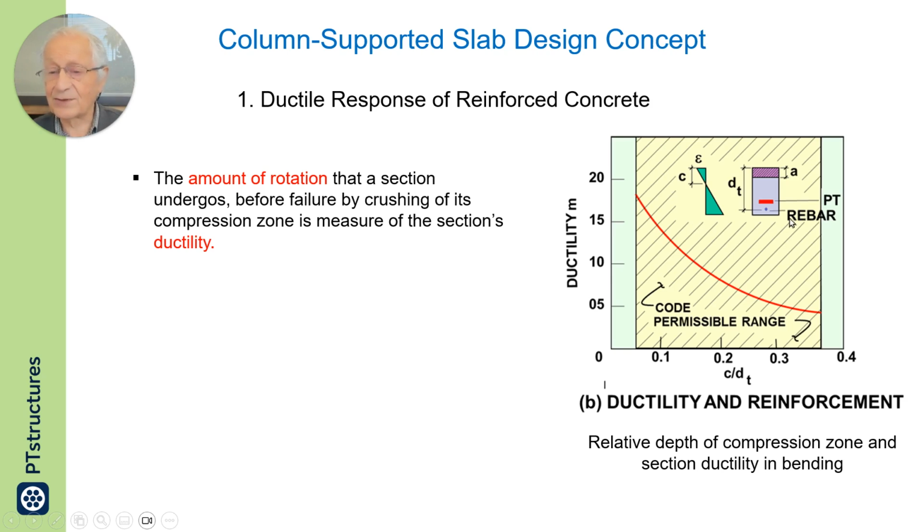The more strain in rebar, the more rotation. So there is a relationship between the ratio of compression zone to distance of the farthest rebar and the rotation. The amount of rotation is measured by this ductility, which is rotation at initiation of yield to rotation at collapse.